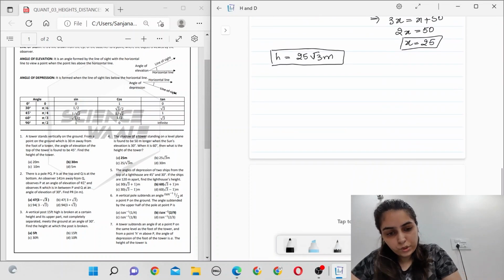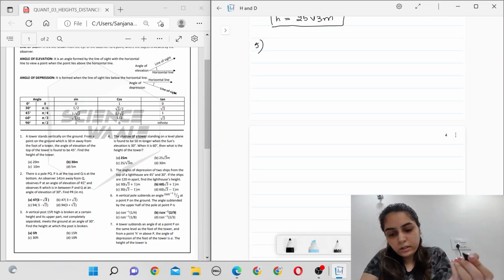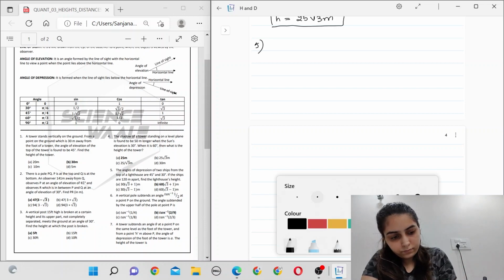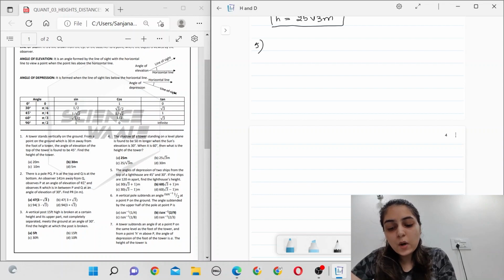Moving on to the fifth question. The angle of depression of two ships from the top of the lighthouse are found to be 45 and 30 degrees. If the ships are 120 meters apart, then find the lighthouse height.